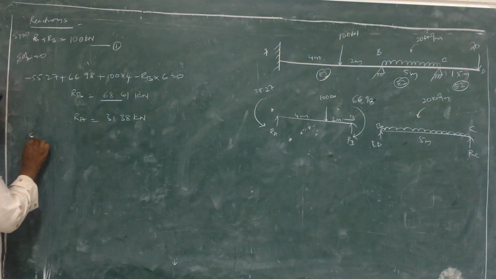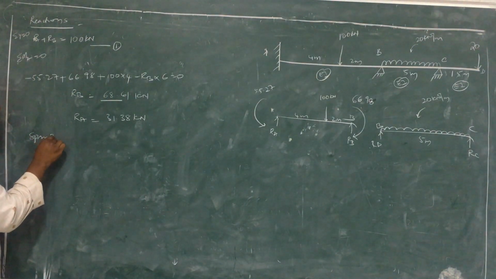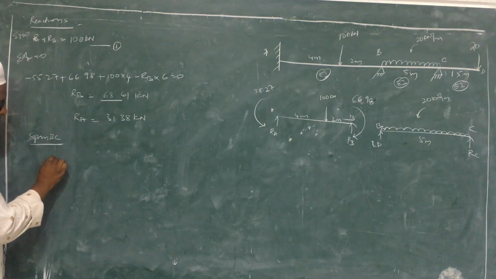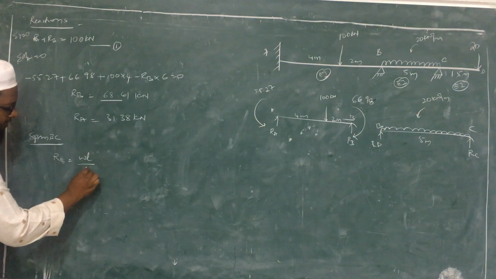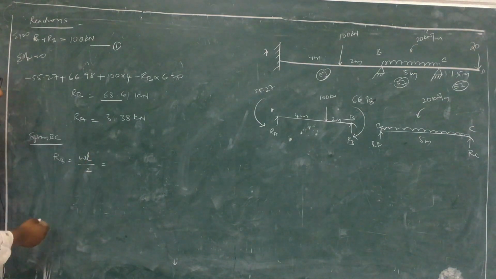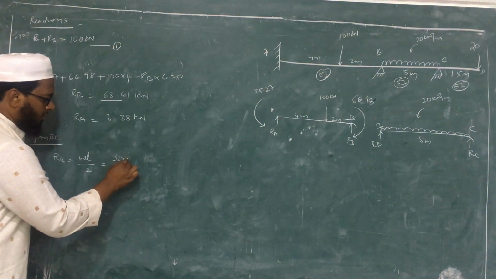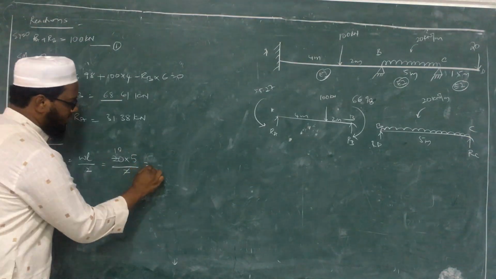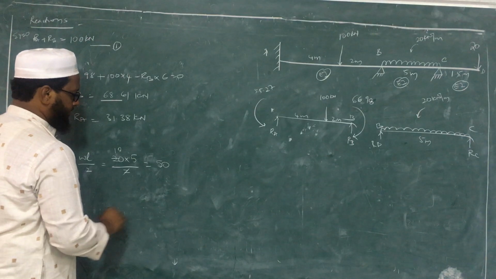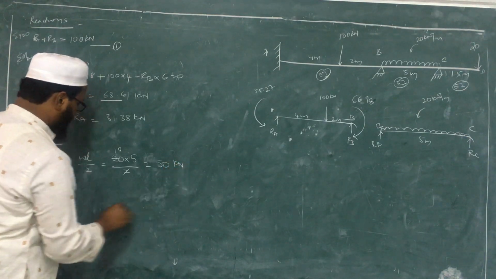So for span BC, RB is equal to WL by 2. What is W there? 20 into 5 by 2, so 50 kilonewton.